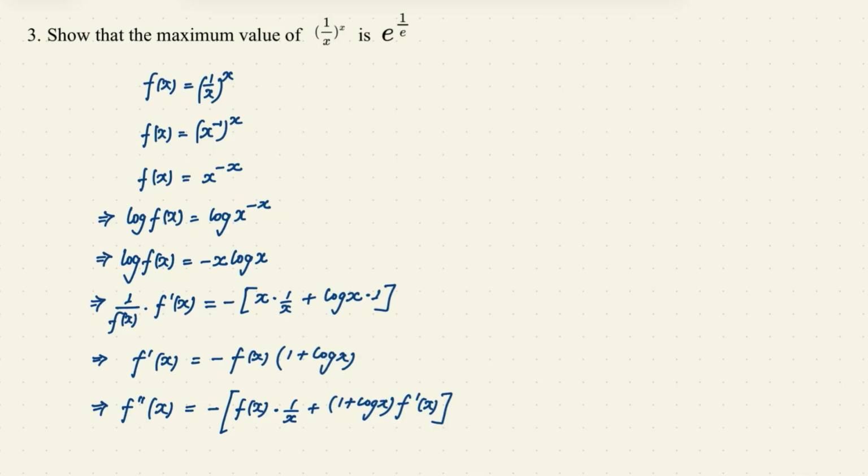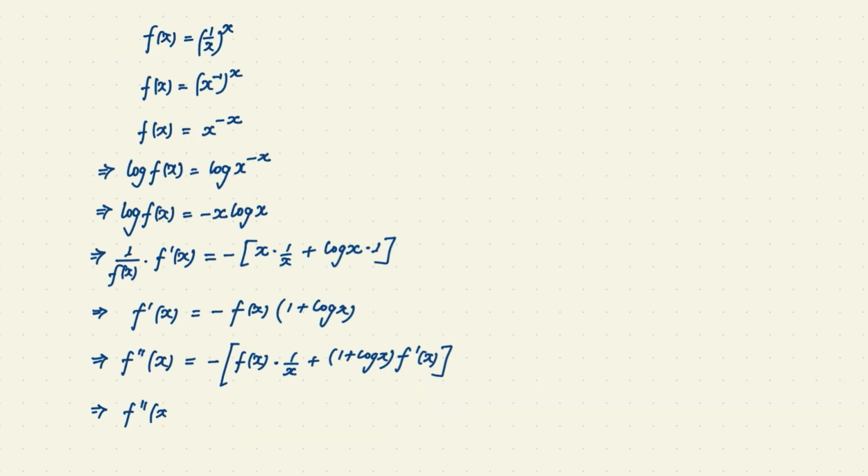So here we were using the product rule. So f double dash of x will be equal to minus f of x over x, minus (1 plus log of x) into f dash of x.